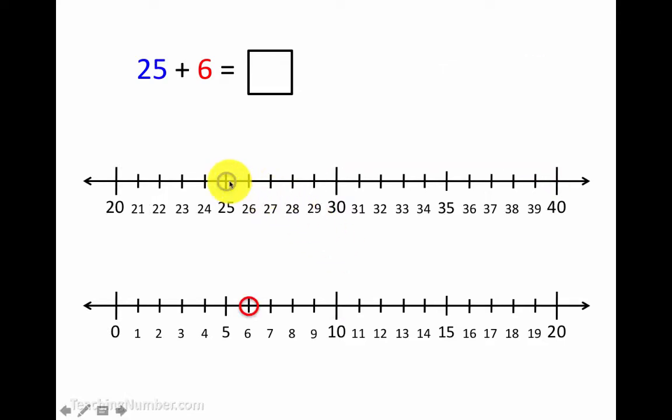In this problem, 25 is a distance of 5 from 30, and 6 is a distance of 4 from 10. Thus, we will use 10 to create our 10-friendly equation by taking 4 from the 25 to make 10 with 6. This shows us that 25 plus 6 is the same as 21 plus 10, which is 31.